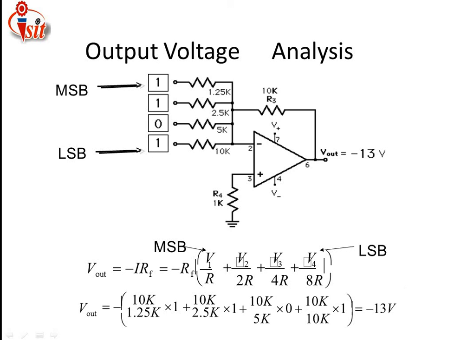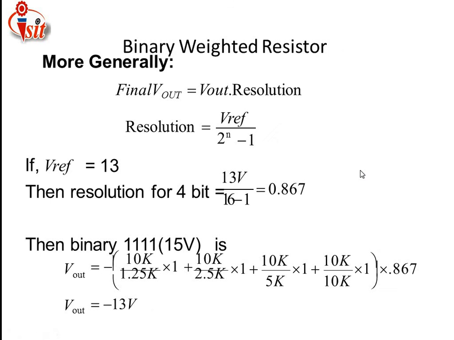By multiplying and simplifying these equations, we get the output voltage equal to minus 13 volt. By using this formula, the output voltage for the binary weighted resistor is minus 13 volt.